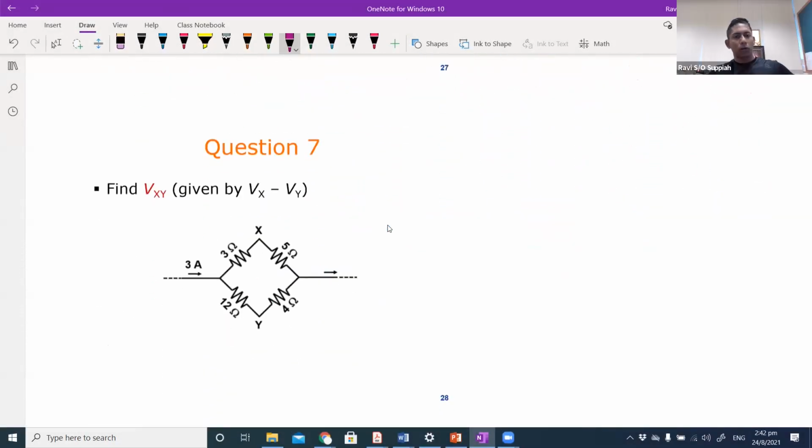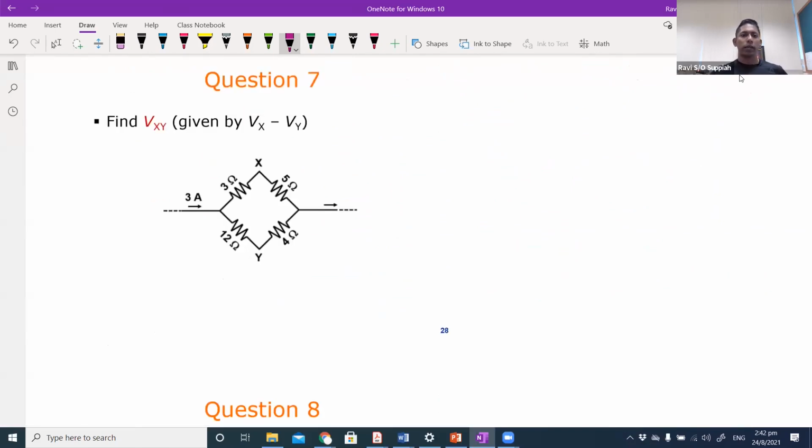Okay, so let's move on to question 7. In question 7, we have this circuit. What you have here is 3 ampere coming in, split into 2 branches. Now let's maybe just redraw it a bit.